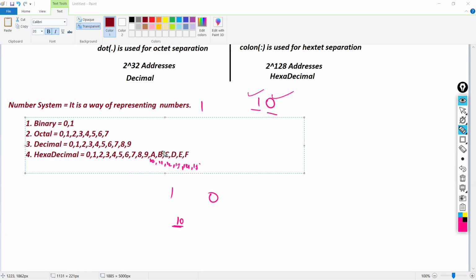So see, they could have written it, okay? But the problem is when you convert hexadecimal into binary. When you convert hexadecimal into binary, you have to take one hexadecimal digit. So if you write 10 instead of A, it will become 2 digits. For each digit, you will calculate the binary.